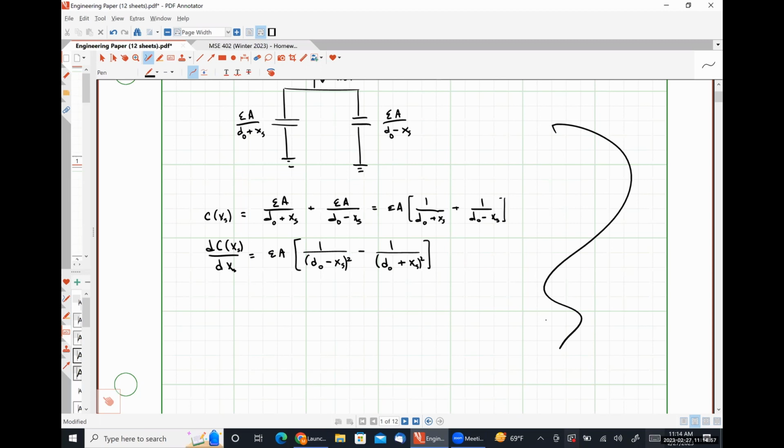Which in this case works out to not be a function of x, because we end up with number of fingers times, we get N times epsilon.